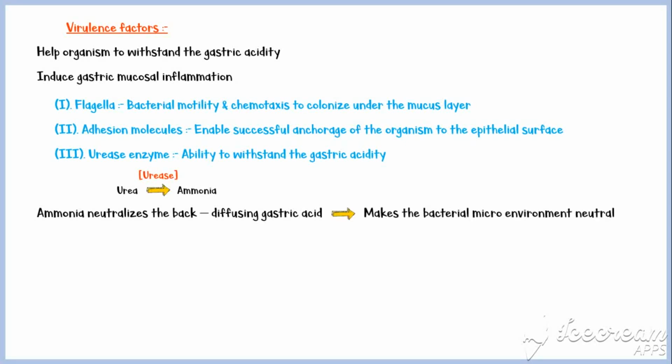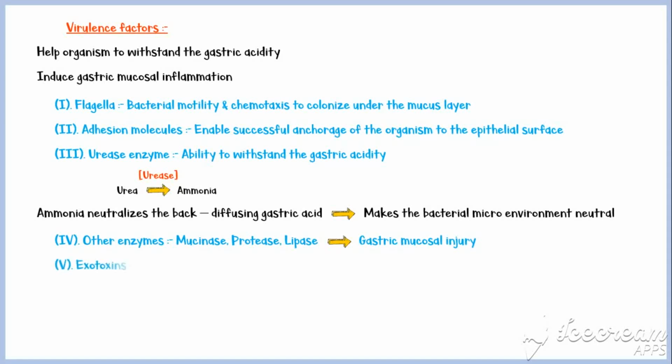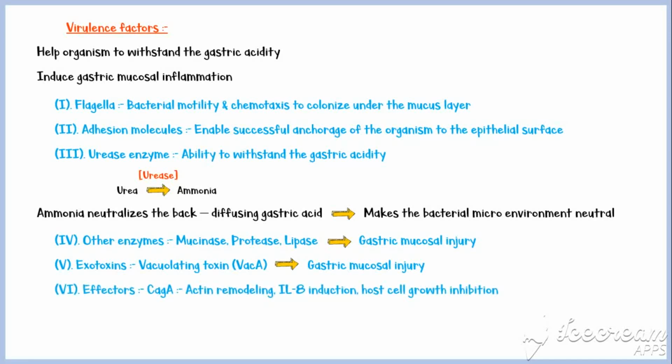The bacterium also secretes other enzymes, including mucinase, protease, and lipase, that cause gastric mucosal injury. It also secretes exotoxins, mainly the vacuolating toxin, also called VacA, which causes gastric mucosal injury. Moreover, Helicobacter pylori secretes effectors, mainly CagA, which causes actin remodeling, induction of interleukin-8, and host cell growth inhibition.